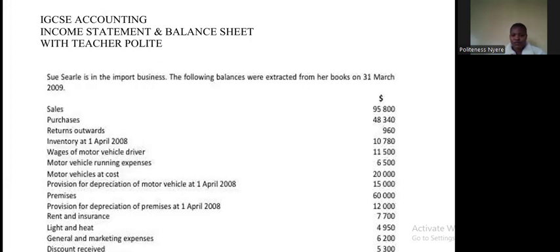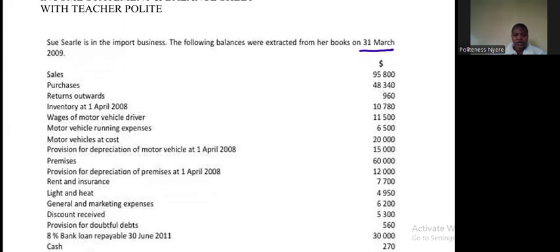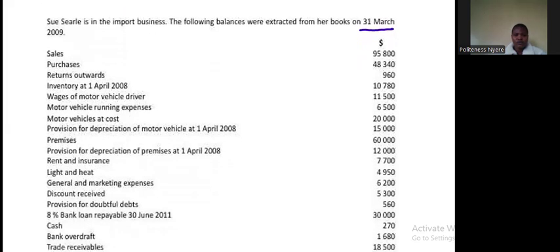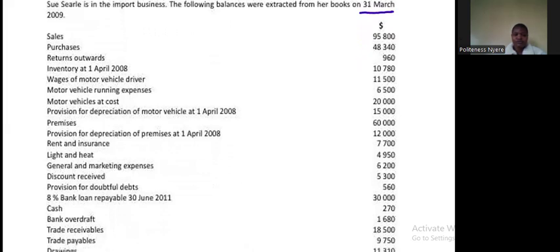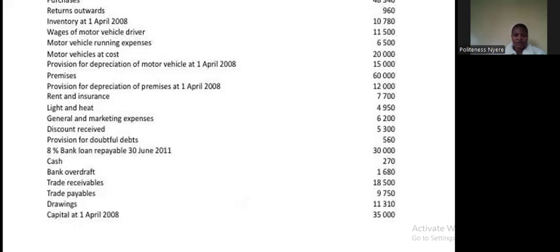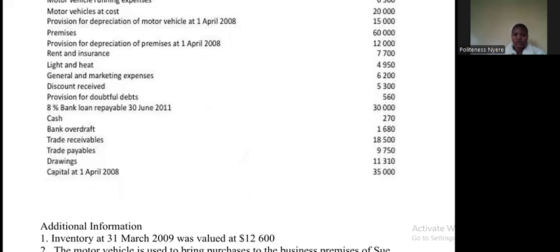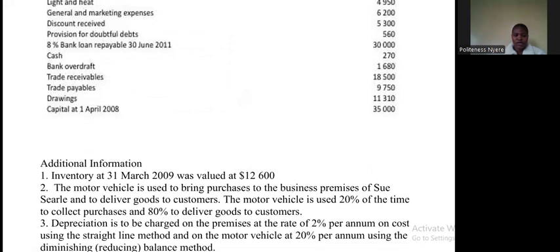Here they are saying it was on 31 March 2009. So you are given the figures for sales and everything else: sales, returns, outwards, inventory. You can just scan through the figures that you're given so that you will know what things you have.